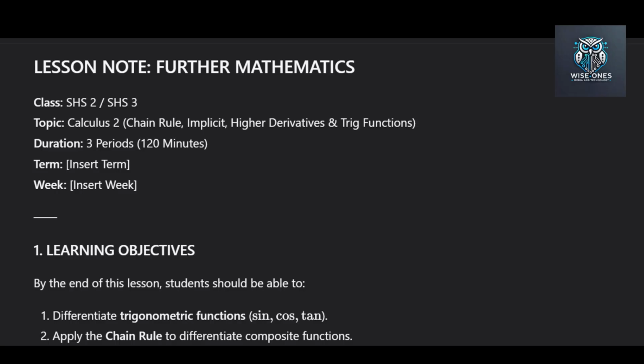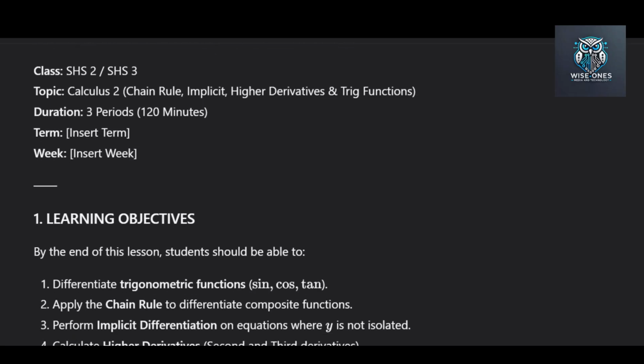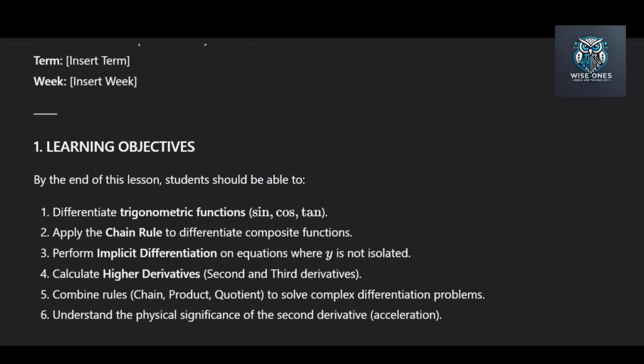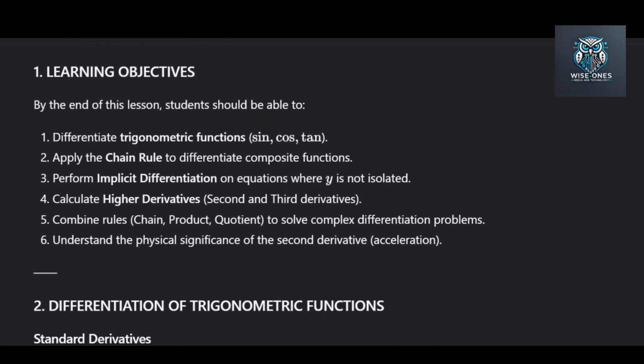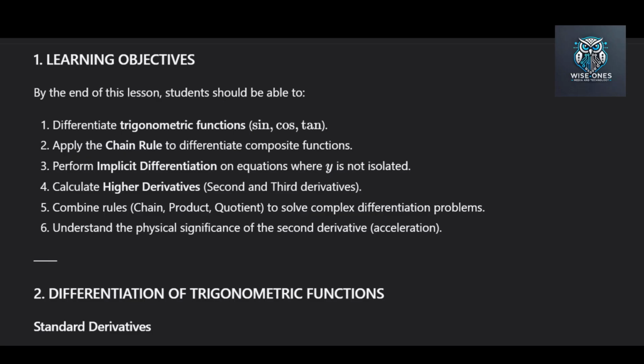You will learn how to calculate higher derivatives like the second and third derivatives. You will learn how to combine rules like chain, product, and quotient to solve complex differentiation problems. And finally, you will learn about the physical significance of the second derivative, which is acceleration. That is a lot, but we will take it one piece at a time.